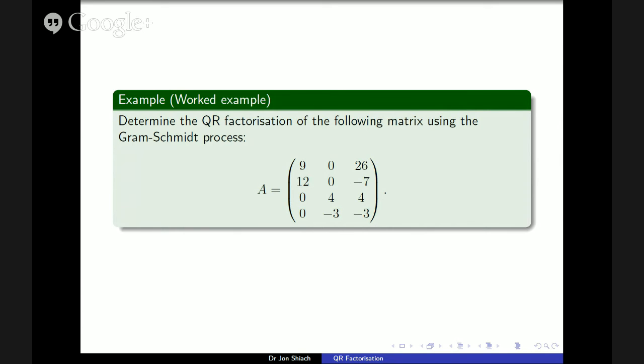Okay, so if we normalize U3, we have 1 over 25 times 20, minus 15, 0, 0, which is 4/5, minus 3/5, 0, 0.